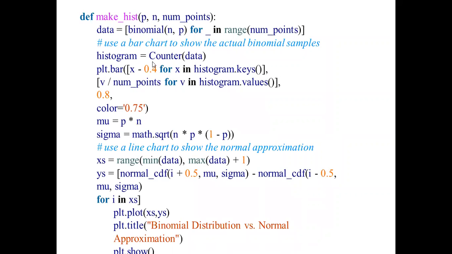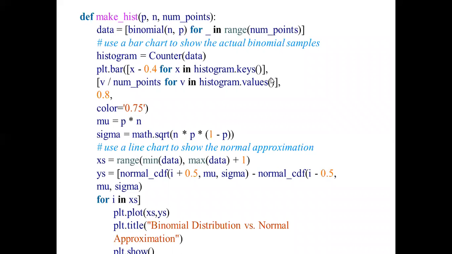So the histogram is what we wanted to check. For the data, we will apply the binomial theorem for sigma in range n num points. So we show the bar chart. For the histogram, we plot x minus 0.4 for x in histogram keys.